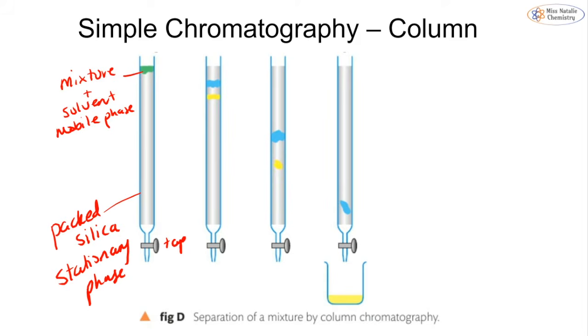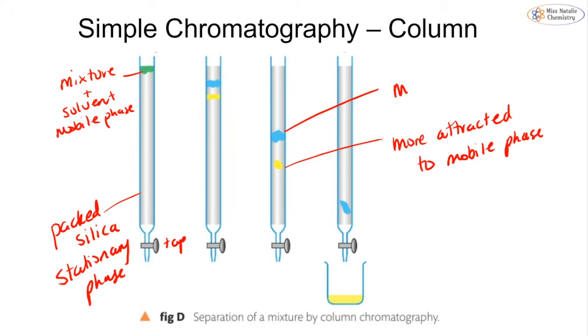And as it passes through the column, you can see that rather than having this green mixture, we're starting to separate into the blue and the yellow. And the yellow is going to be more attracted to the mobile phase, because you can see that it moves through the column much quicker, whereas the blue is going to be more attracted to the stationary phase.